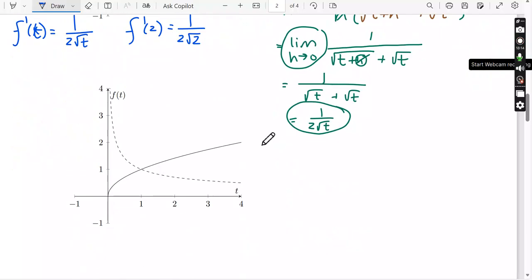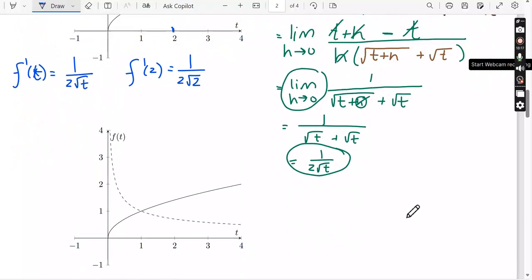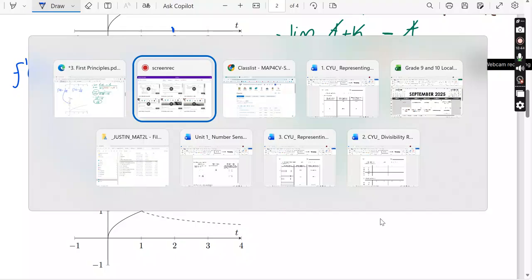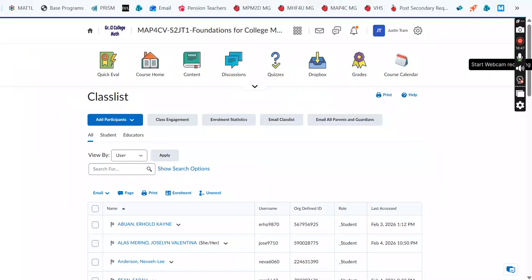And what's this other picture? So this function over here represents the derivative. Okay. Right here. So the derivative is the dotted line, and this is the function itself. Okay. So I'm just going to graph it on Desmos just to show you. I think I have it open somewhere.